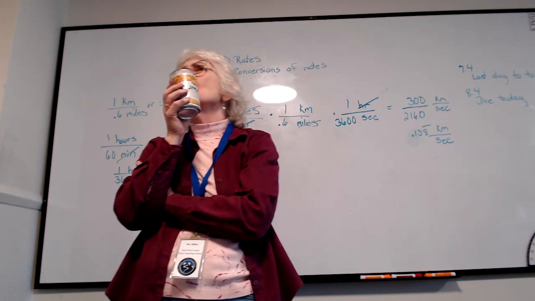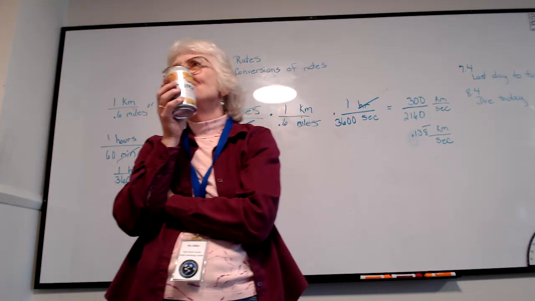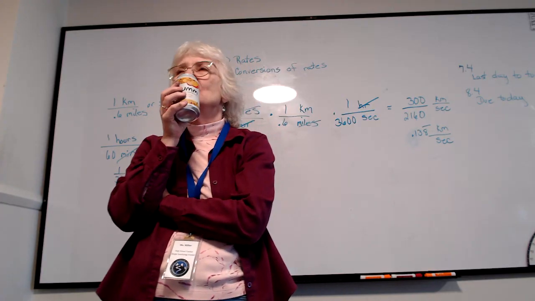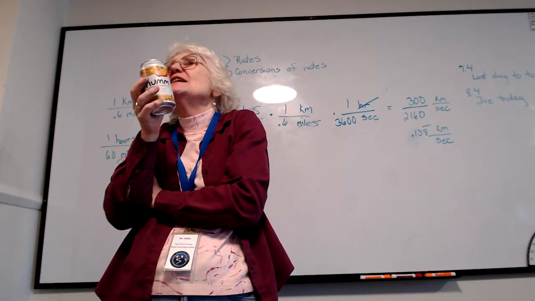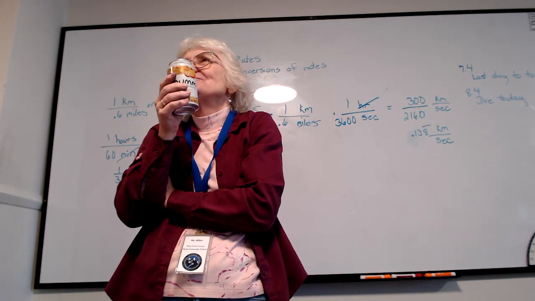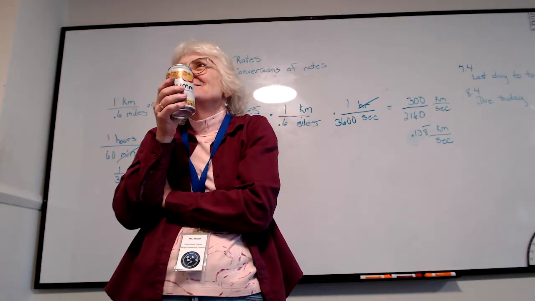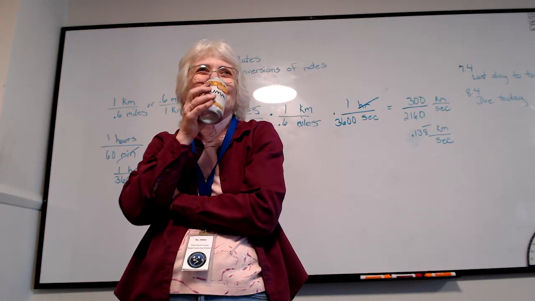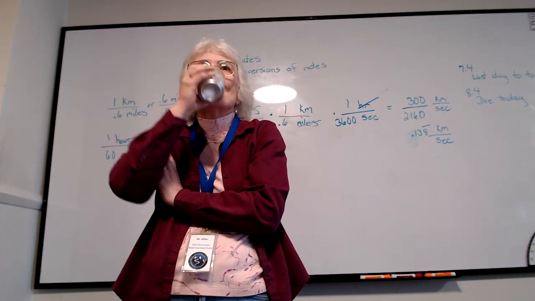Now, how else can I write 1.5 miles? What is 1.5 in decimals? Miles per hour, so divide that by 60.